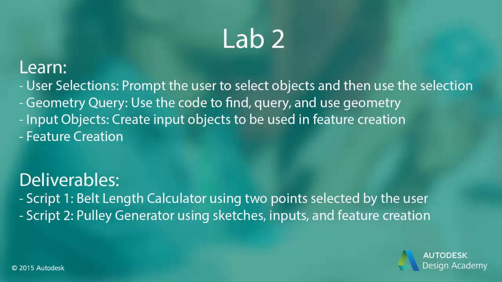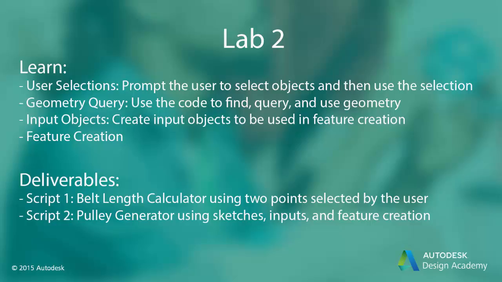Now for lab 2, we're going to learn about user selections, geometry query, input objects, and feature creation. So those first 3 are just learning how to make selections and grab certain geometry and then use those as input objects, as well as other things, to pass in for feature creation. And we'll learn more about those in lab 2. The deliverables for lab 2, there's actually 2.